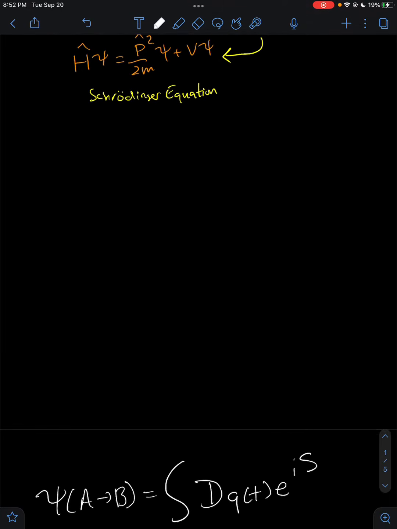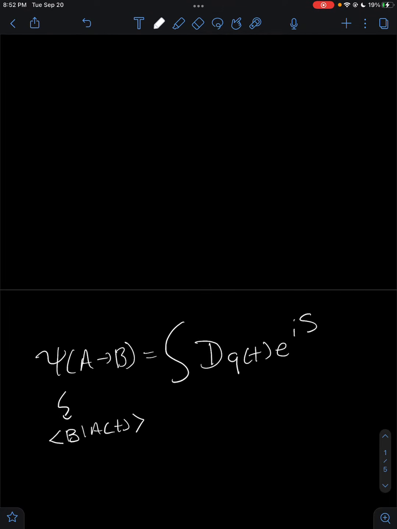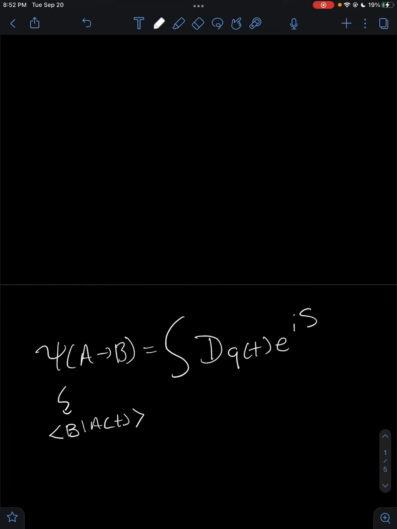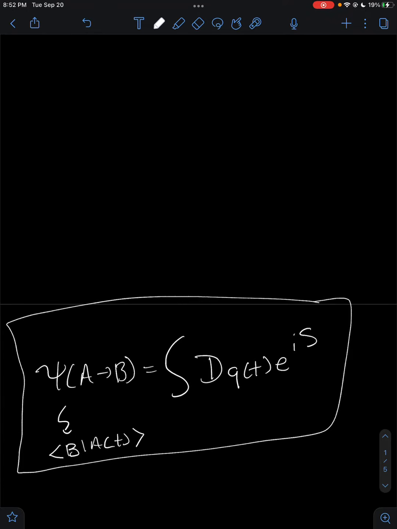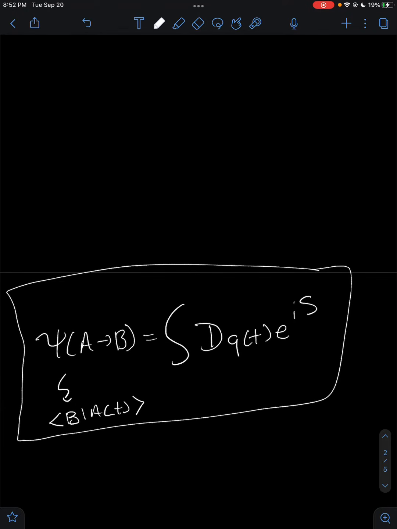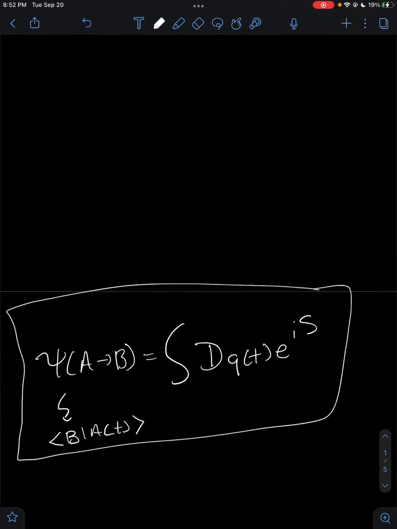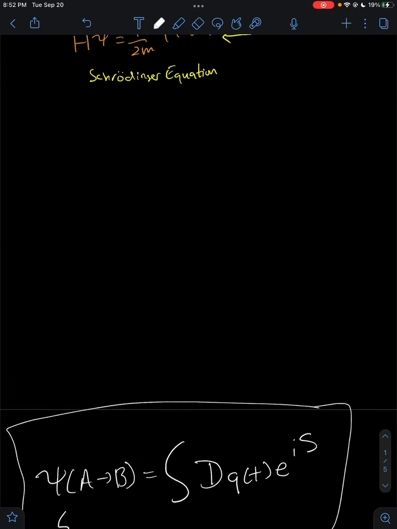Now we can also use the path integral in quantum mechanics to quantize stuff. When I say quantize here, I mean to make it something quantum mechanical. So we can use the path integral instead of using these commutators.